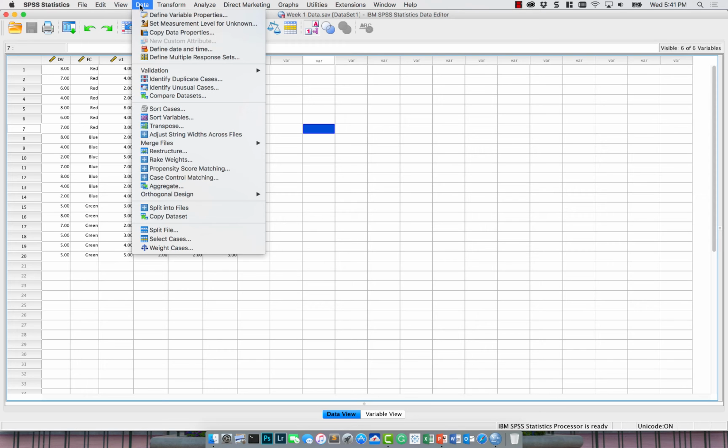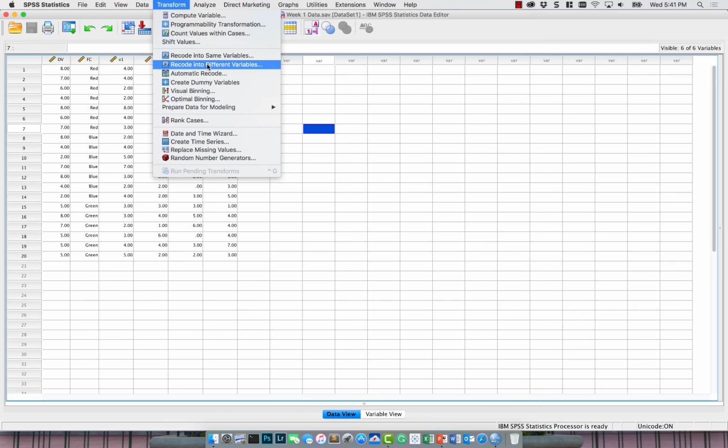And so what we want to do is transform and recode into different variables. Never recode into the same variable. This is what your mother would tell you, because you lose what you originally had. So always recode into different variables.